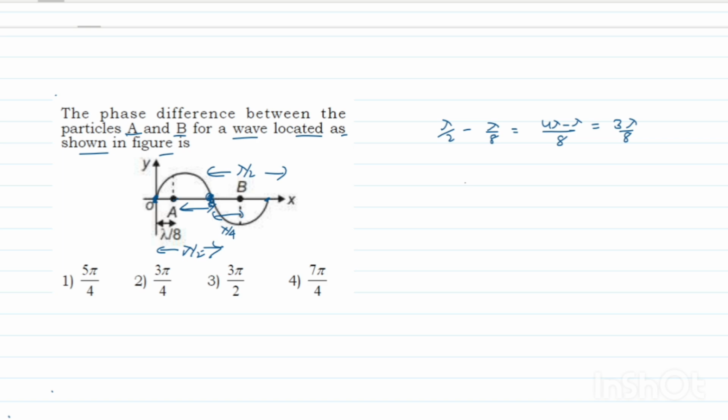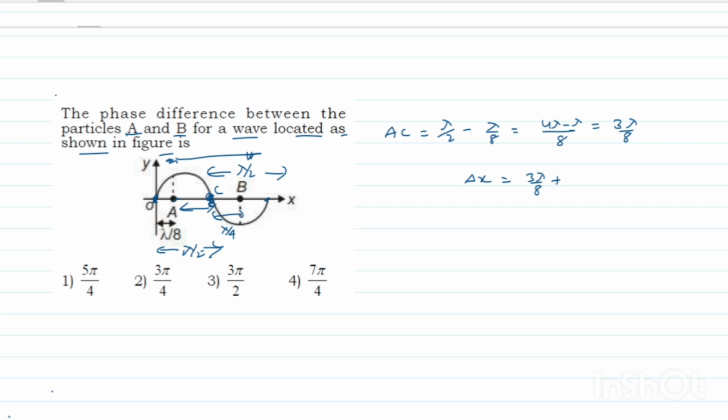That means the total path difference between A and B, this A point and B point, will be as follows. Take this point as some C point. The AC path difference is lambda by 2 minus lambda by 8, which is nothing but 3 lambda by 8.